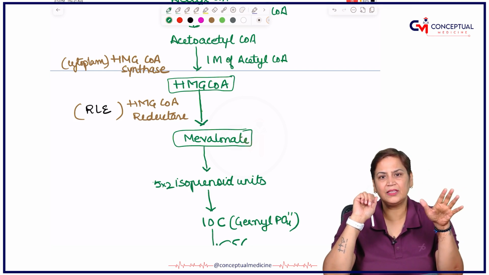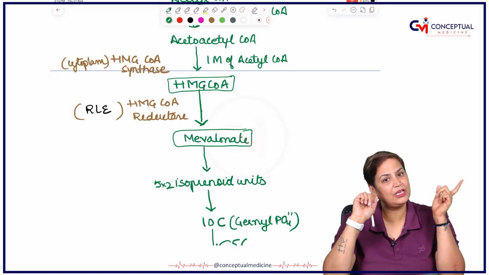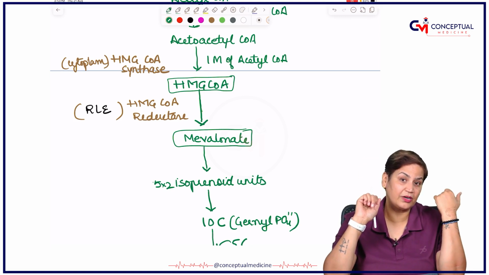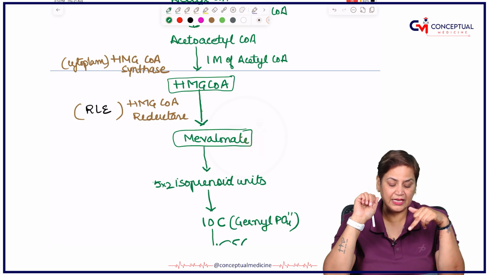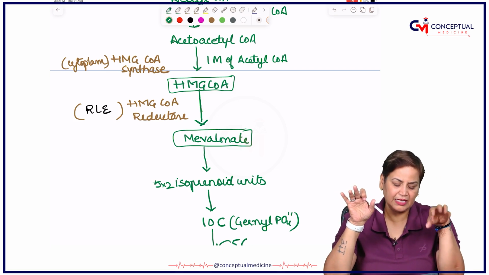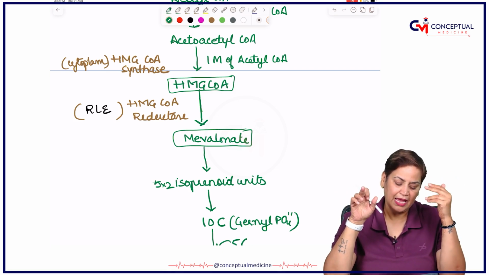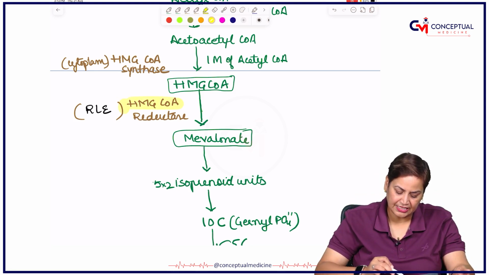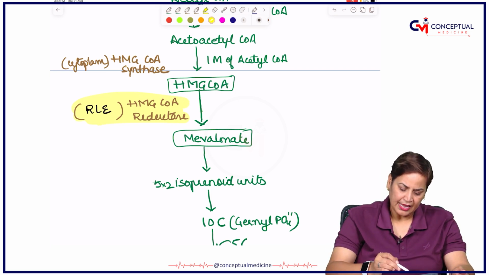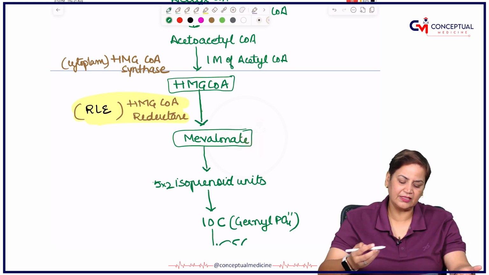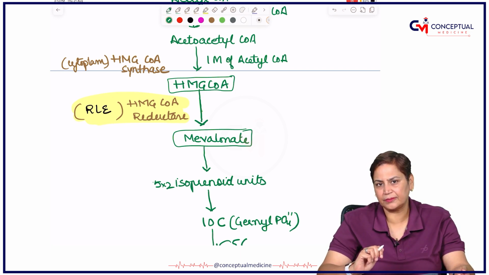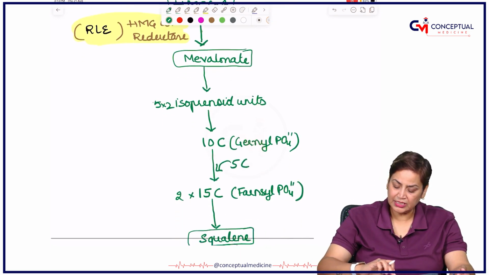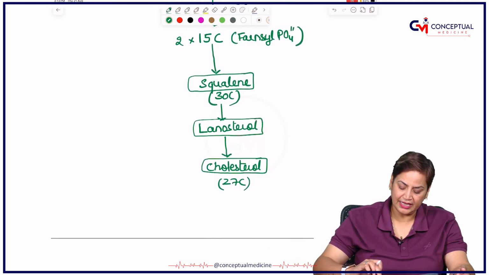So HMG-CoA synthase, which was the rate limiting enzyme in ketogenesis, is present in mitochondria, whereas the cytosolic HMG-CoA synthase is not a rate limiting enzyme, but yes, it is present in the cytoplasm. And the rate limiting enzyme of cholesterol biosynthesis is HMG-CoA reductase. Very, very important. And we know cholesterol synthesis is an anabolic process. So this is how the synthesis of cholesterol takes place.